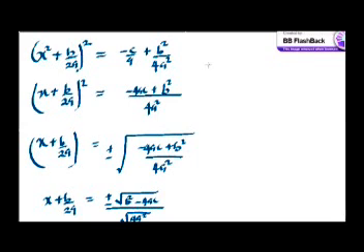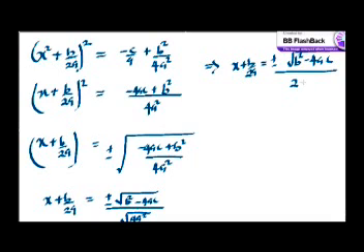This would become x plus b over 2a is equal to plus or minus the square root of b² minus 4ac, everything divided by the square root of 4, which is 2, times the square root of a², which is a, so everything goes over 2a.